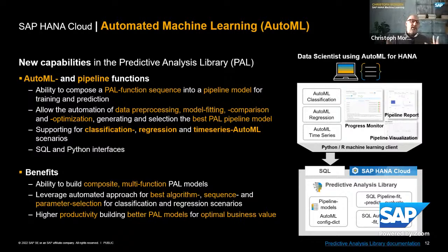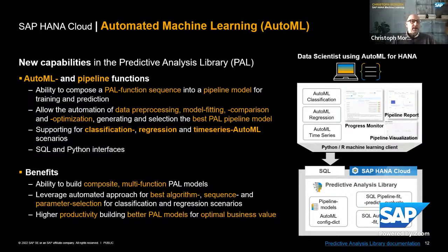On top of that pipeline concept, we provide an automation framework, which basically takes all the data processing options and the algorithm options for your scenario, be it classification, regression, or time series, and compares different compositions and also configurations of the algorithms to come up with the best possible pipeline to predict your classifier, your regressor, or the best possible time series forecast.